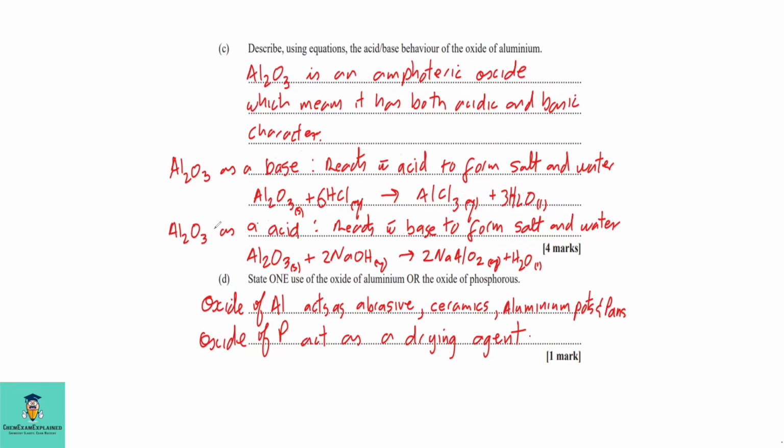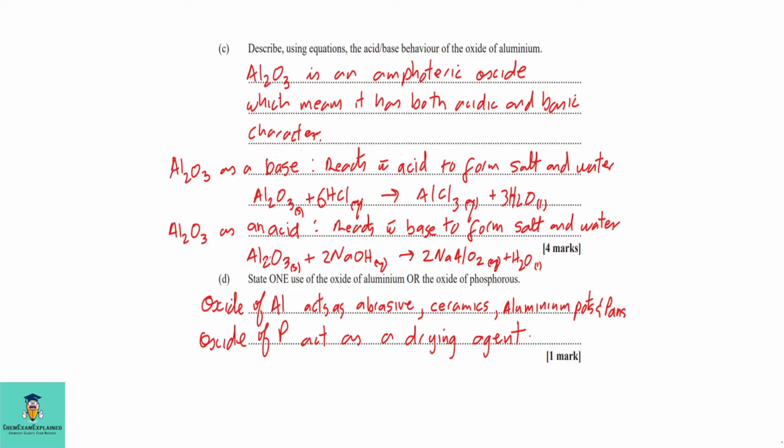Now, if aluminum oxide is behaving as an acid, then it will react with a base to form salt and water. So in this case, aluminum oxide is behaving as an acid. It is reacting with a base, sodium hydroxide, to form sodium aluminate plus water.